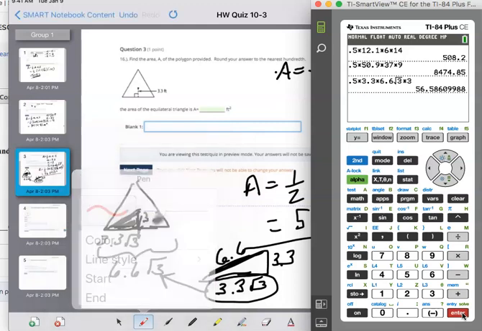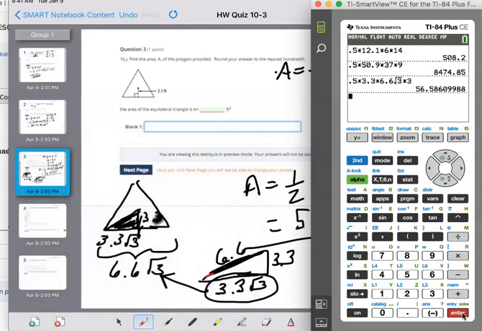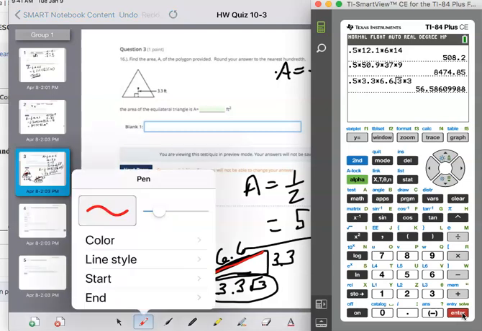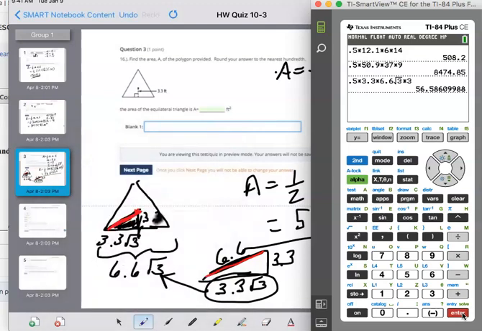What if I wanted to figure out this 6.6? This 6.6 is called the radius of my polygon because it goes from the center. And let's point out the apothem here. The apothem, this length here, goes from the midpoint of the side to the center.